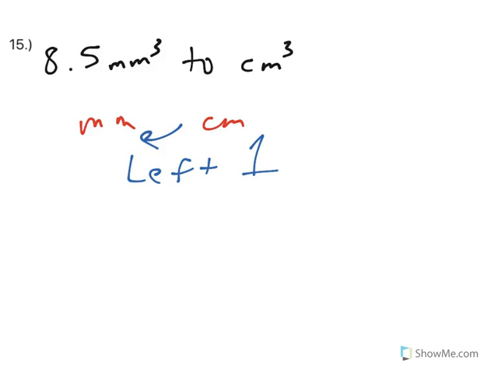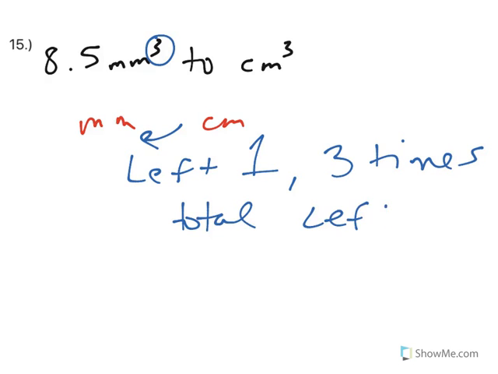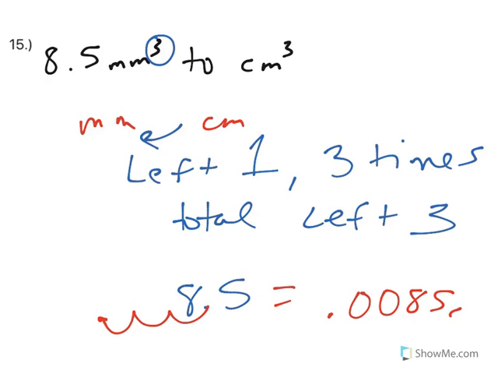They're right next to each other. But this is 3 times. So I'm going to go left 1, 3 times. So my total is left 3. So I have 8.5. I go 1, 2, 3. So this leaves me with 0.0085 cubic centimeters. And that's how I do these problems. I always do the counting method when I'm dealing with metrics.